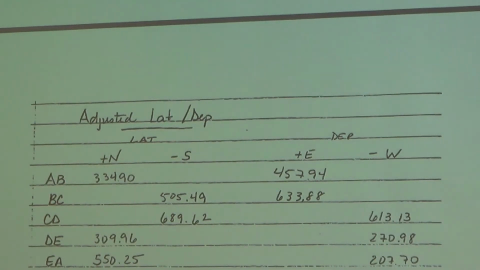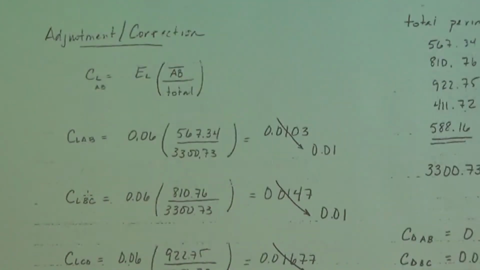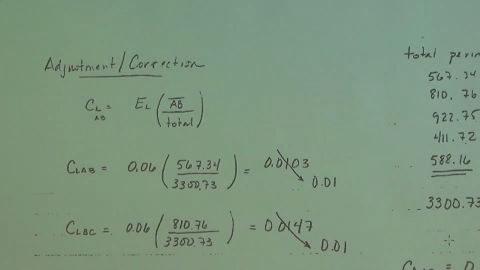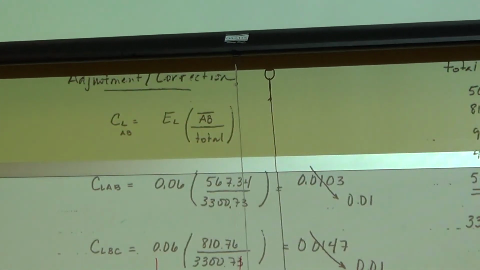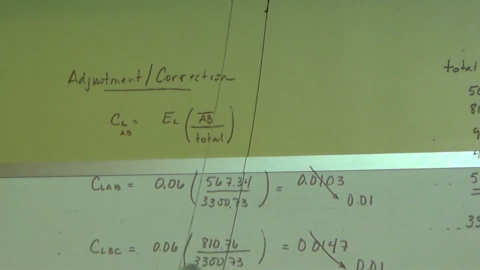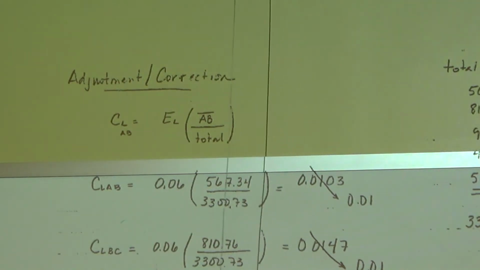Okay, so now let's do the correction for the departure. Look, I didn't write the equation, right? Why? What do you think? What is the equation? We're doing the correction in departure for line AB.